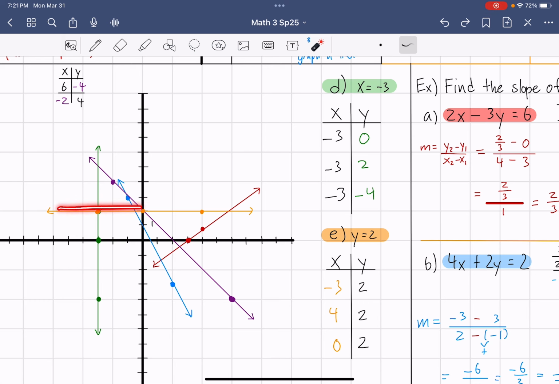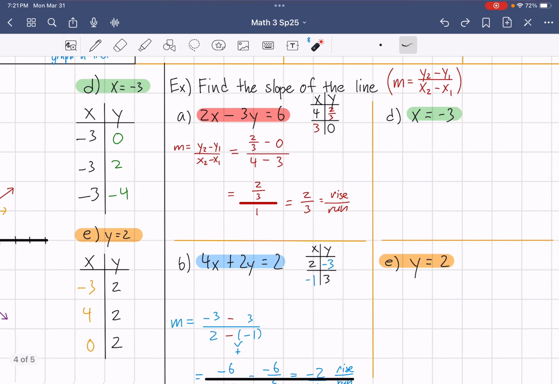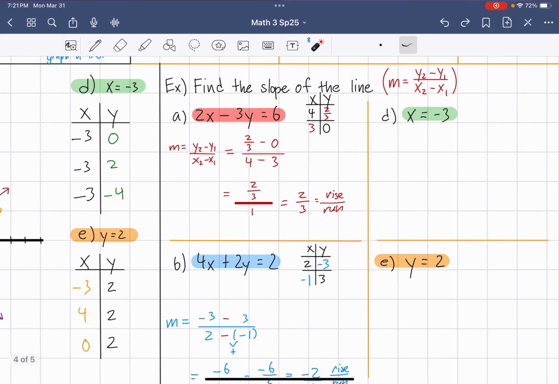Now, what happens with this horizontal and vertical one? Well, those are going to be special. Let's look here. So, I'm going to set up my slope formula. If I see here, I'm going to put my 0 for my y, and then negative 3.